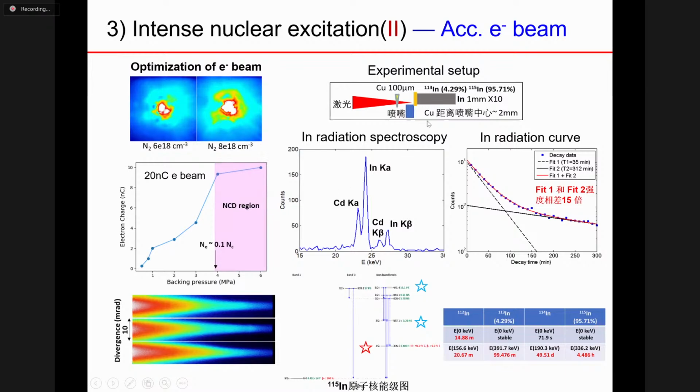Then we hit this electron beam onto the indium target. Of course, at first onto a copper converter, converting it to gamma rays, and then the gamma rays are incident on the indium target.